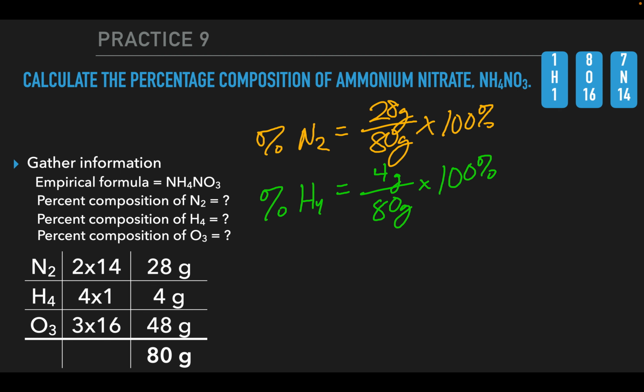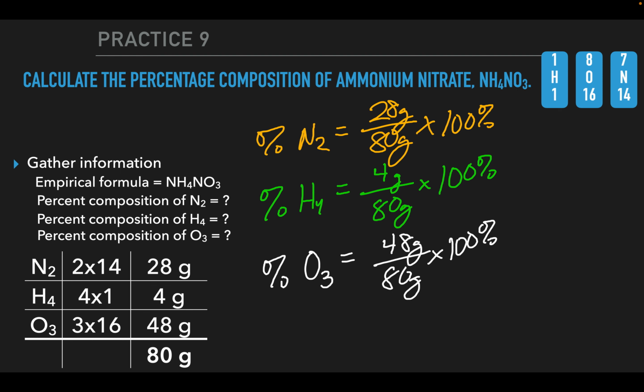For oxygen, you take its total, 48 grams, over the total times 100%. So this one is a bigger molecule, and we have 3 percentages.